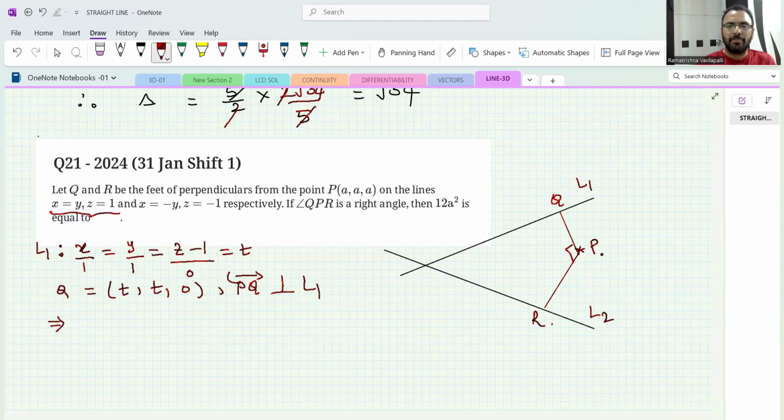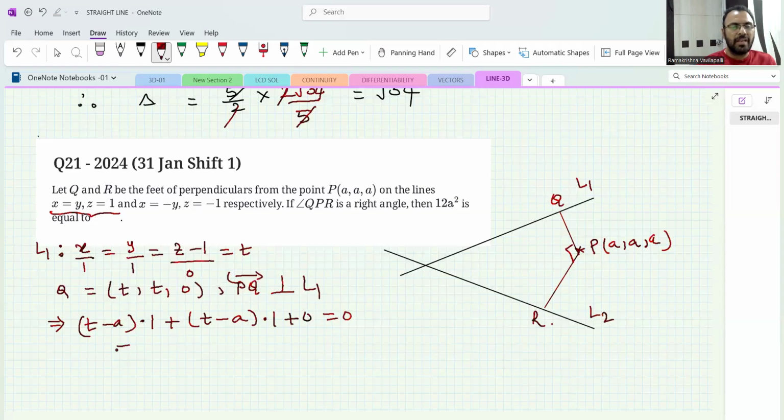PQ vector, where P is (a, a, 1): that is nothing but (t minus a) into 1 plus (t minus a) again into 1 plus 0 equal to 0. So we got that t is equal to a. Hence we got the point Q, which is nothing but (a, a, 0).